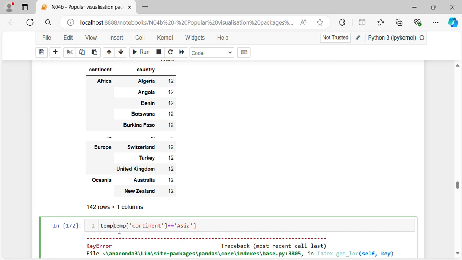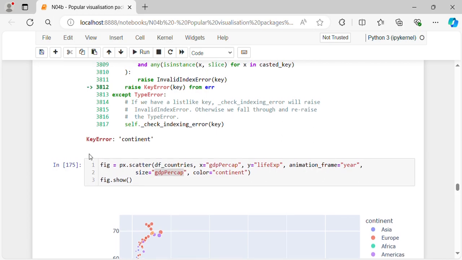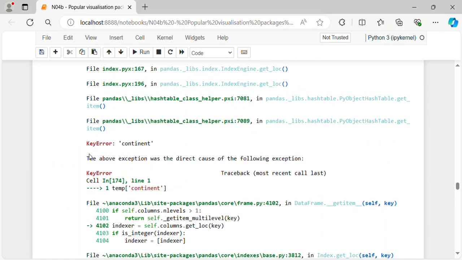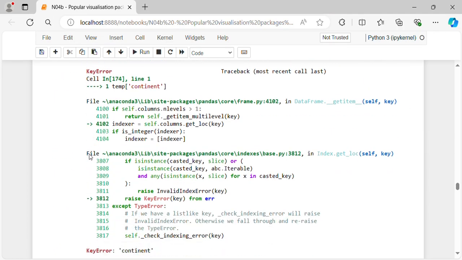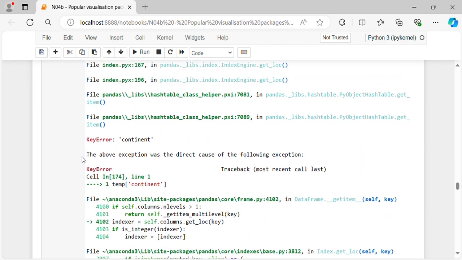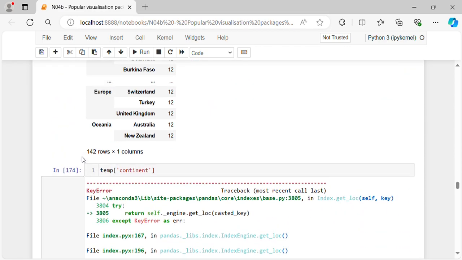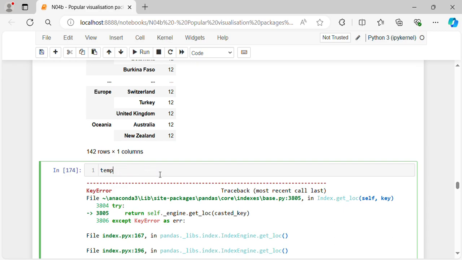Gives me error, so let's see temp continent. Gives me error. So let's see, we'll reset index.